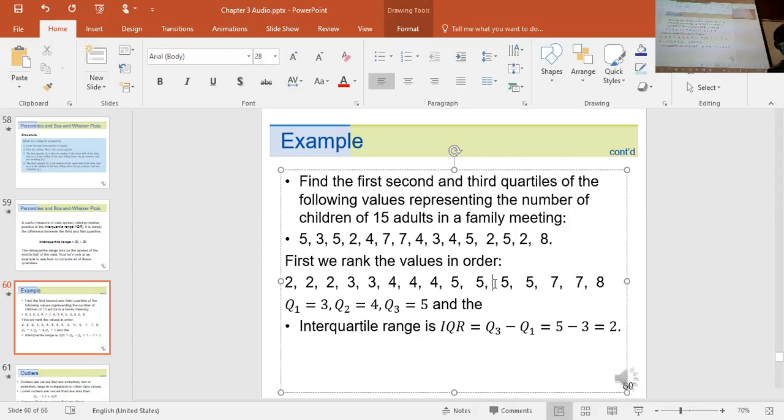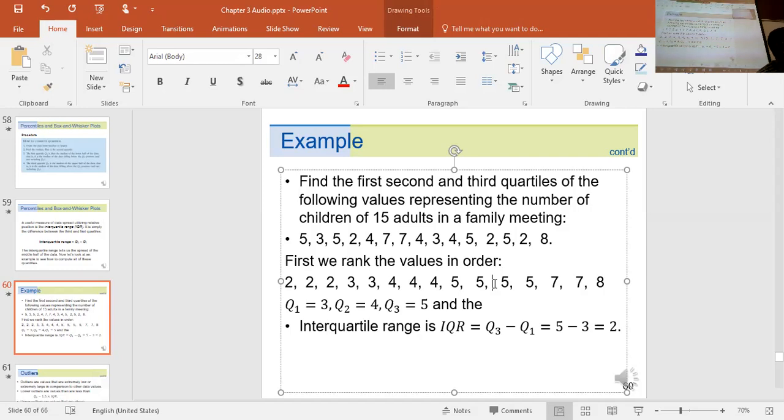What will be the position of the median if there are 15 values? N plus 1 divided by 2, because they are odd values. So what is the position? The position rank of the median is what? N plus 1 over 2 gives us that position.